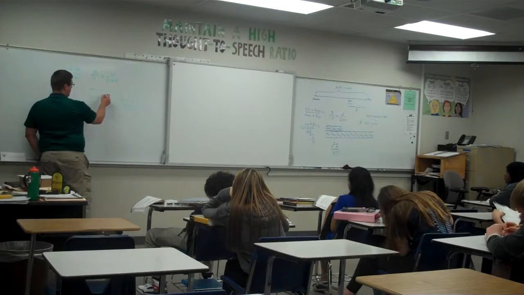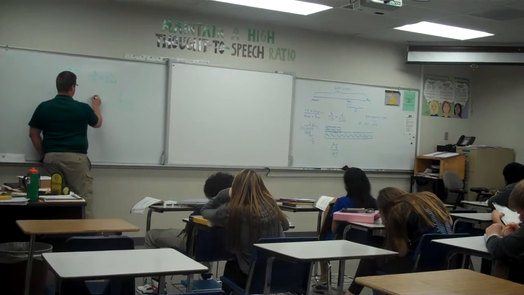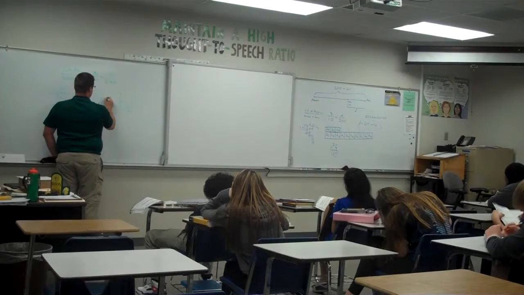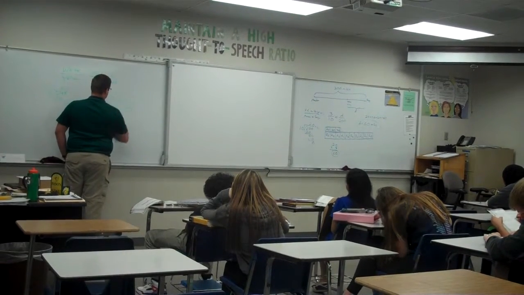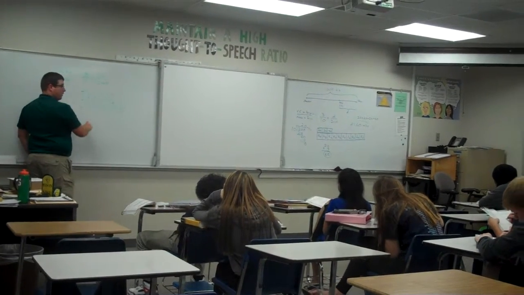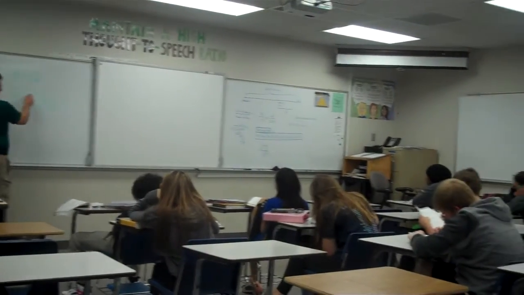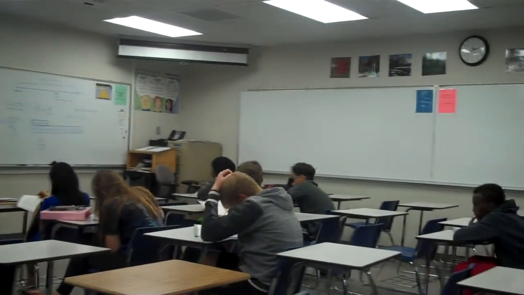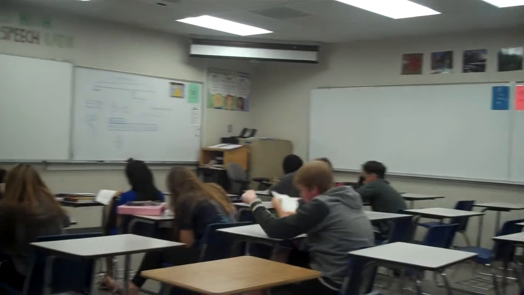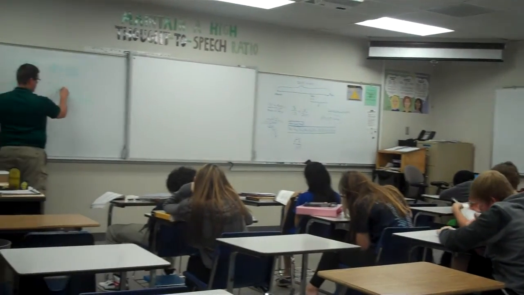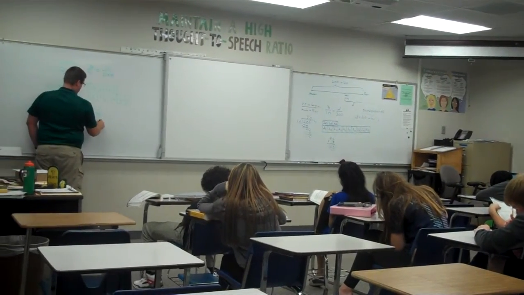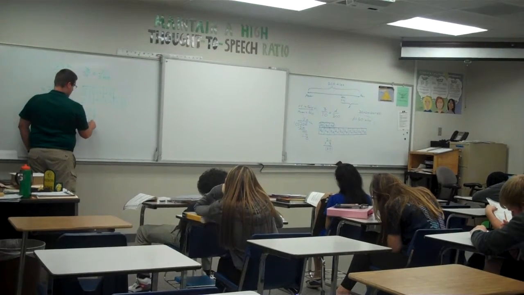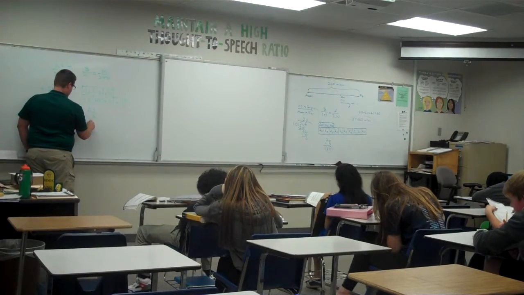So now what goes up here? 62. Multiply 62 by 3? So let's do that. 62 times 3, because I'm just adding it 3 straight times, right? So 6, 18. 18.